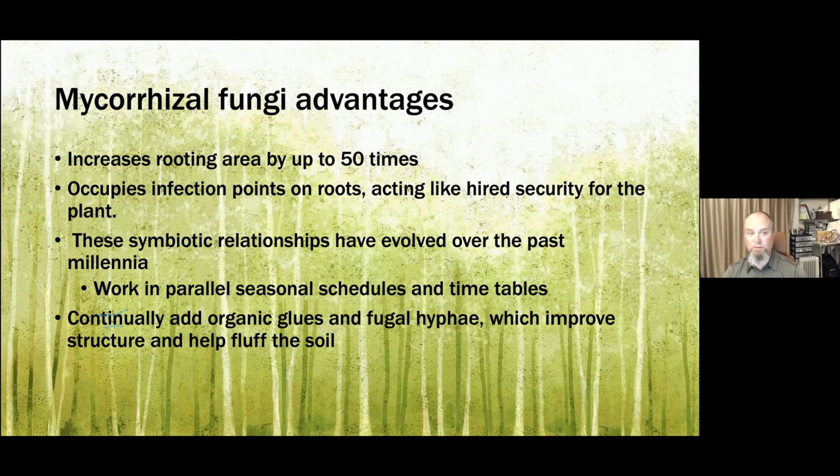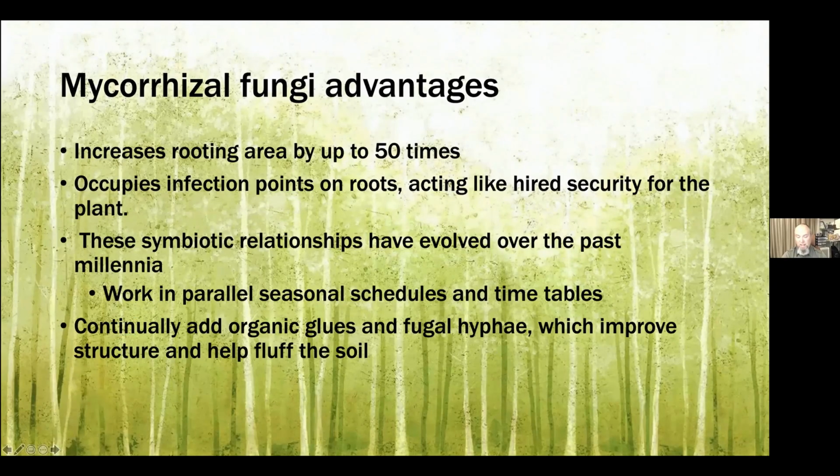The next thing that happens with these symbiotic relationships, specifically with fungi, but it does pertain with bacteria as well, they occupy infection points on the root. So really these symbiotic relationships are infecting the root. It's just doing good things. So if you think of my arm, if you can see it on the camera here, in fact, I'll stop sharing here.